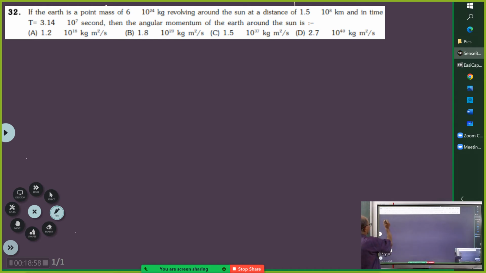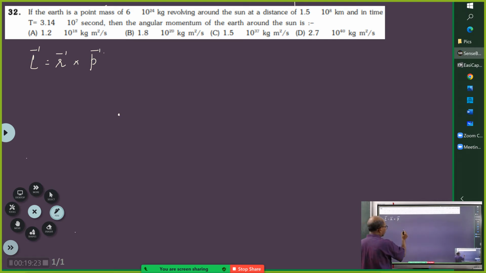So angular momentum, I will write the mathematical form directly. L bar is equal to R bar cross P bar. This form you know. Basically, what does it mean?